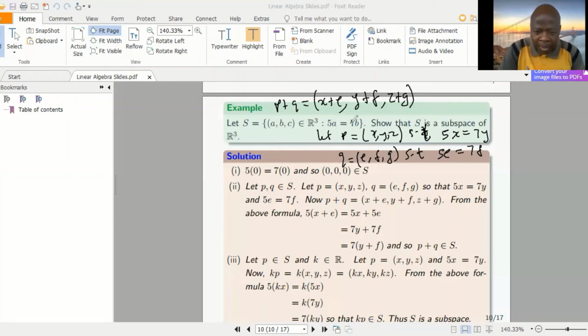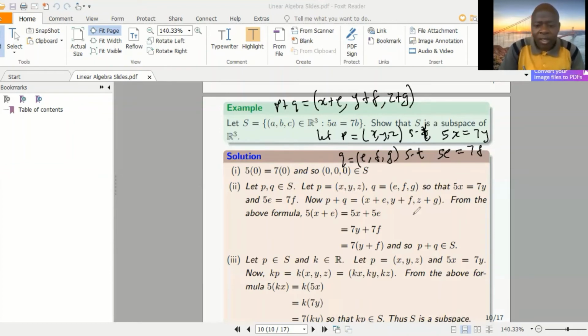What does this property tell me? This property tells me that I need to show that 5 times the first element here gives me 7 times the second element. That is what I want to show. And if I show that, I'll have shown that the closure property is satisfied.